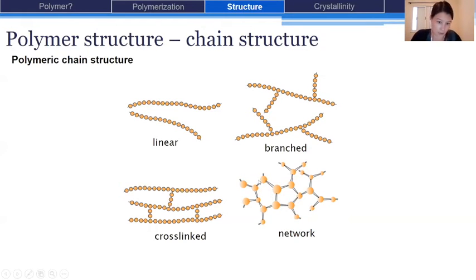After that, we have cross-linked polymers. So we have a covalent bond between adjacent chains. These covalent bonds are created generally by adding other atoms or other small molecules to the polymer, and there is a chemical reaction that permits the formation of these covalent bonds between the polymeric chains and these atoms or molecules.